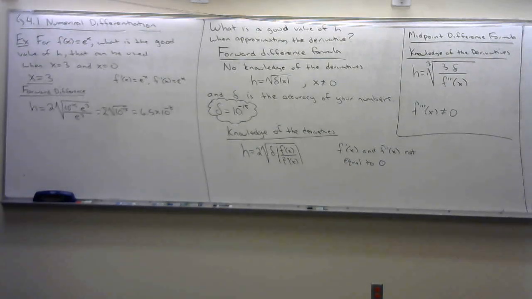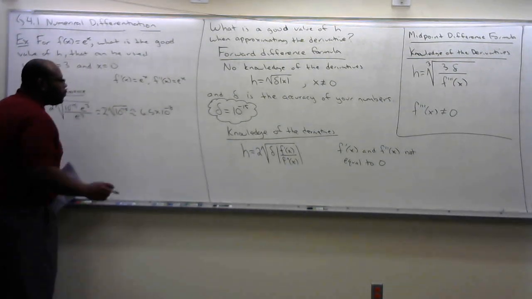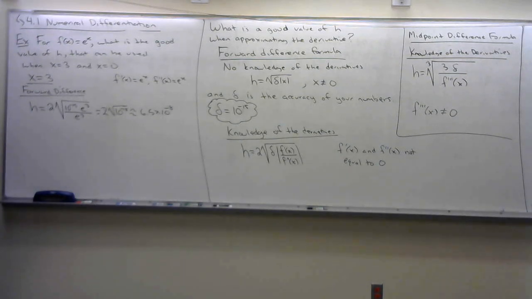I'm almost there, just double checking my numbers. I actually have 6.3, but close enough. We'll say it's approximately 6.5 times 10 to the negative 8 is a good value of h to use.